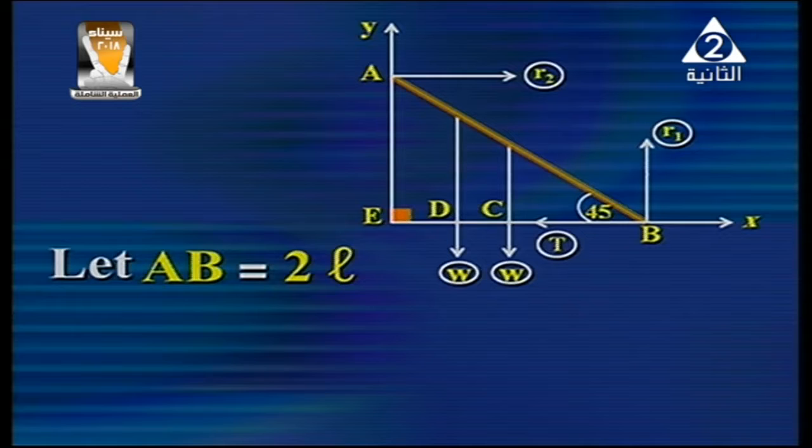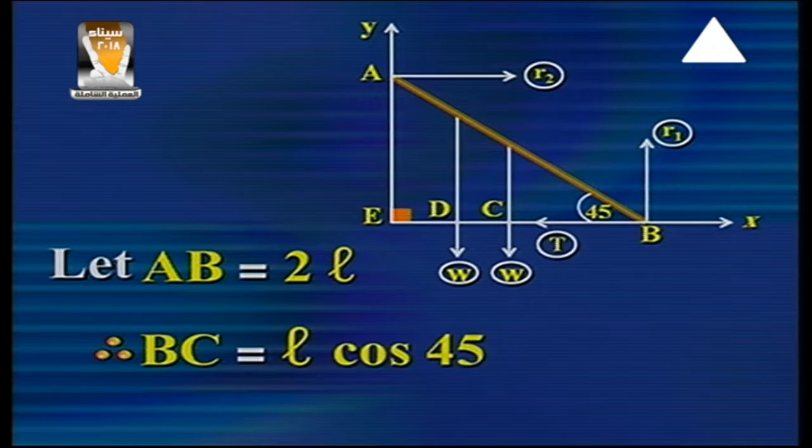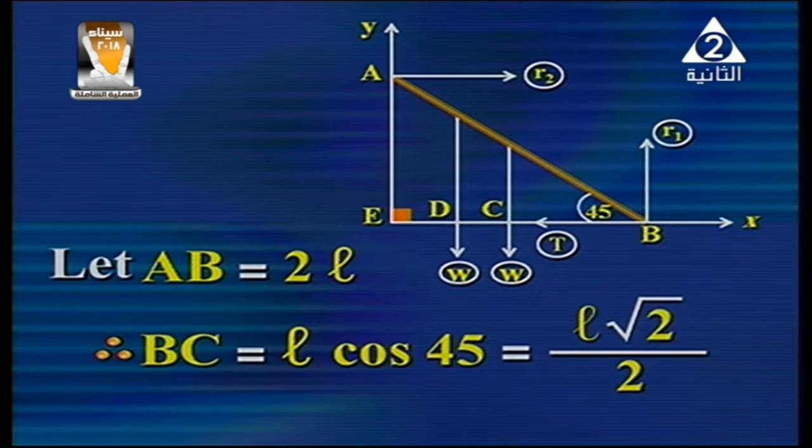Suppose AB equals L, then BC equals L cosine 45, which is L root 2 over 2.